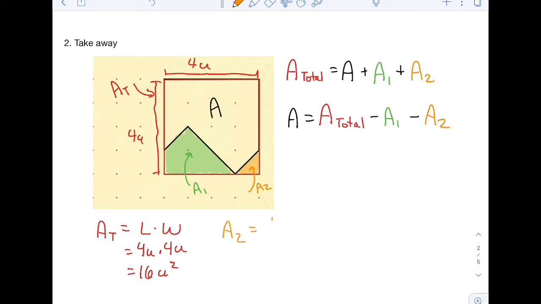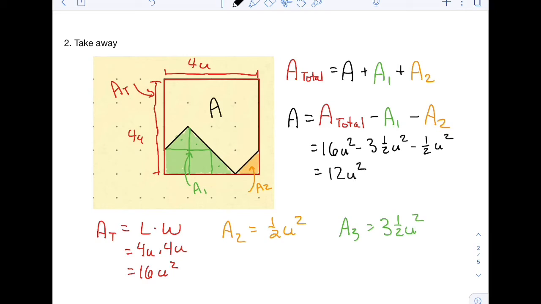My orange triangle is easy. That's just half of a square unit. In my green triangle, I'm going to go with some rudimentary counting right here. 1 square unit, 2 square units, 2.5, 3, 3.5. So I can take my total and subtract away the green and the orange, and I'll be left with the original.